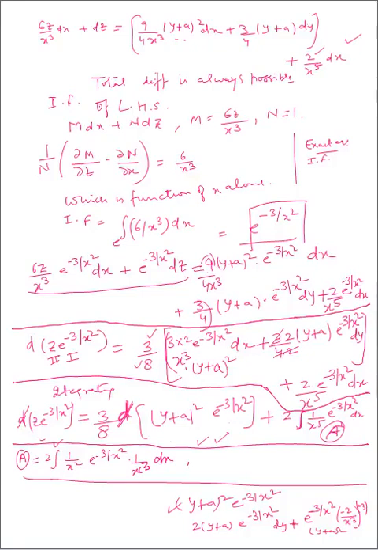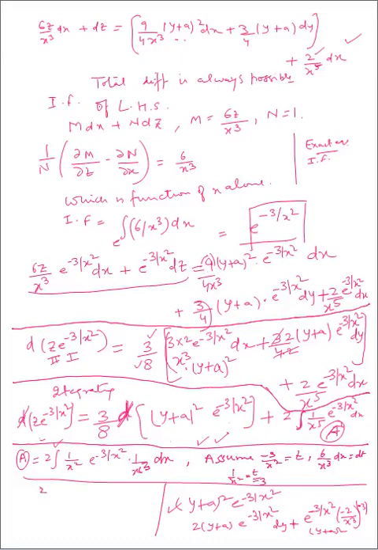So here we assume minus 3 upon x square is equal to, say, t. So 6 upon x cube dx is dt. So from here we can say 1 upon x square is equal to t upon minus 3.